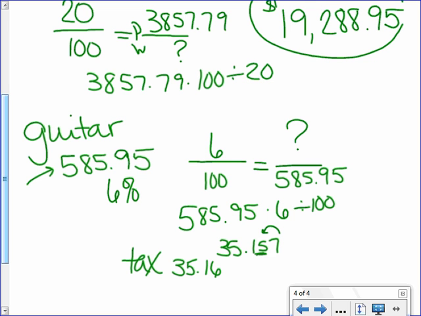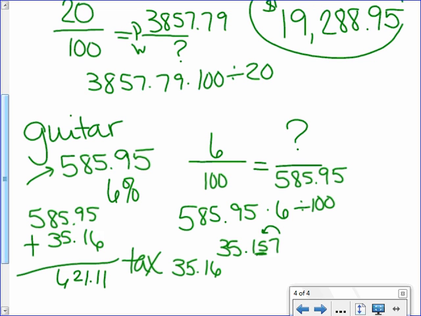So now we have to take $585.95 plus $35.16, which is $621.11.